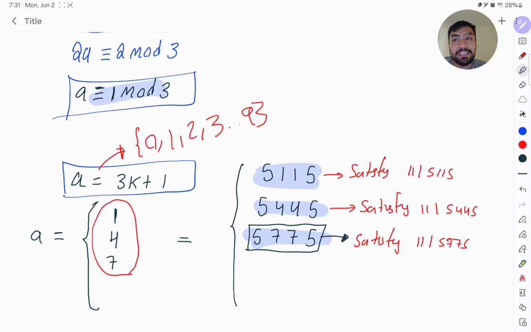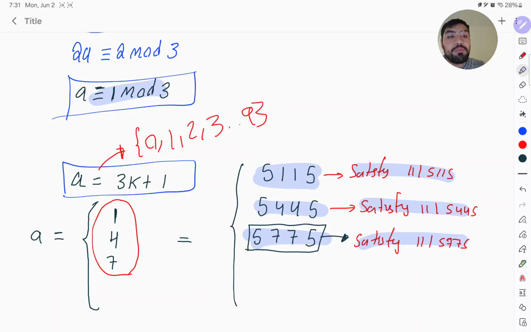The last thing that we need to do is just ask if the number is divisible by 11. But this time we're lucky because the three numbers meet this condition. We have these three options, but we need just to choose the least integer because we need the minimum that satisfies those four conditions.